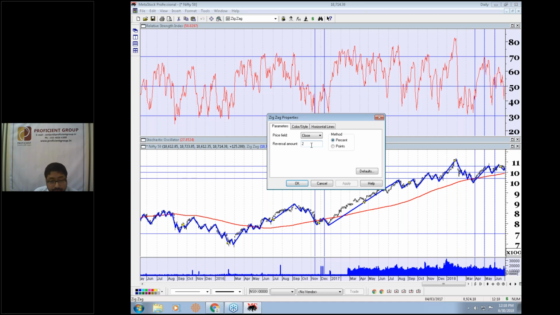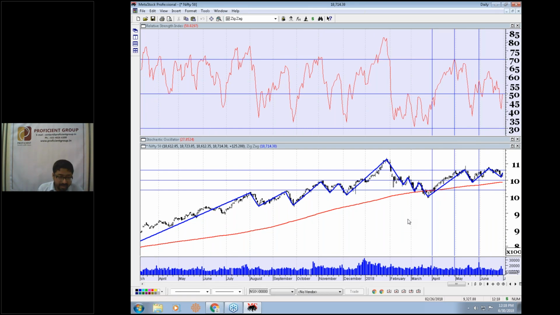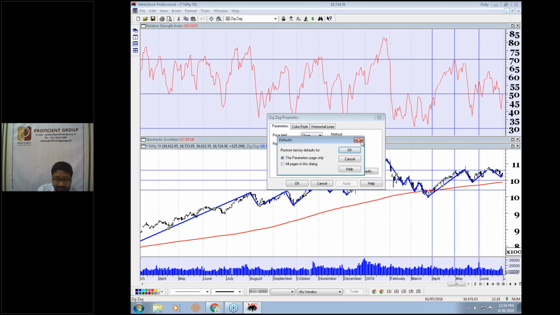It will show only significant movements greater than 2%. So by employing this zigzag function, we are effectively eliminating all the noise. This 2% is a figure that we have set arbitrarily.